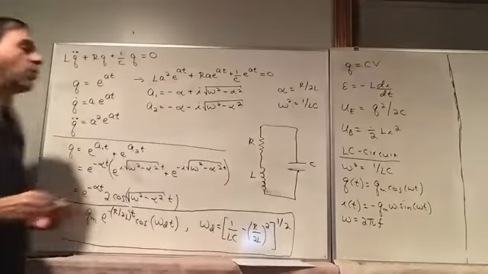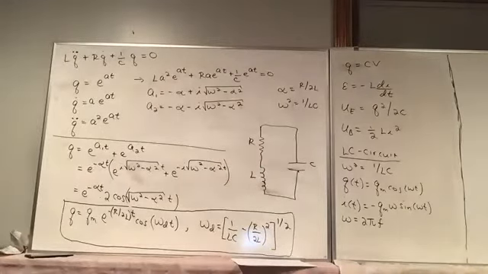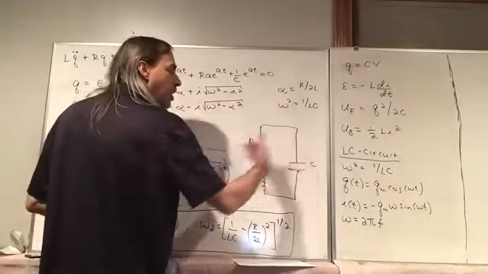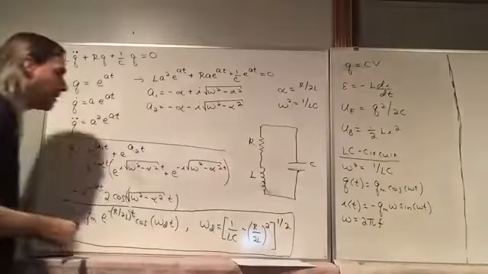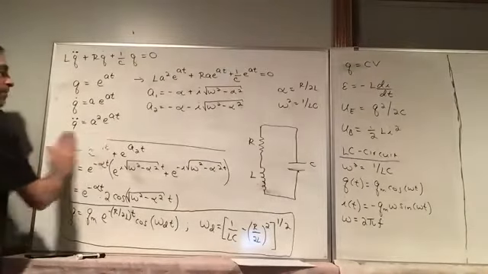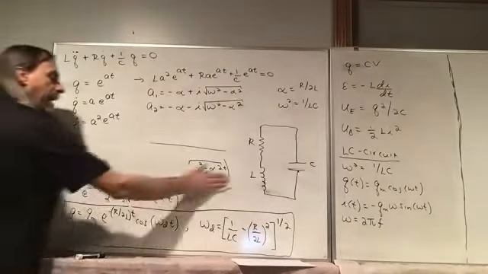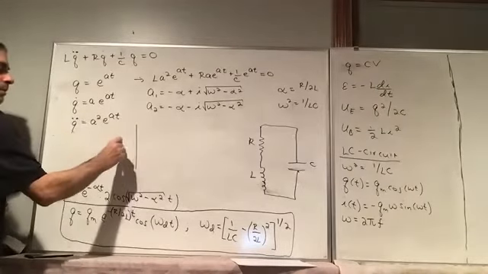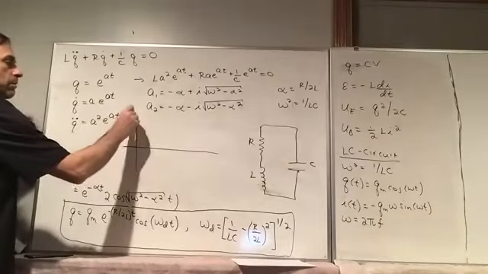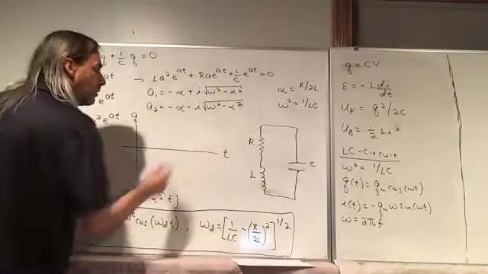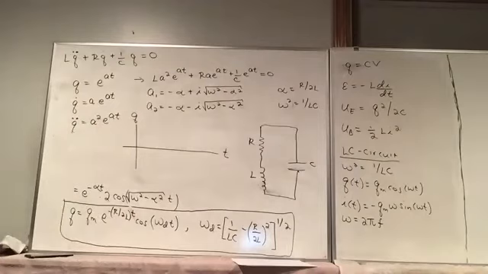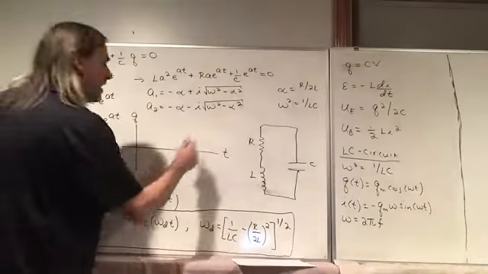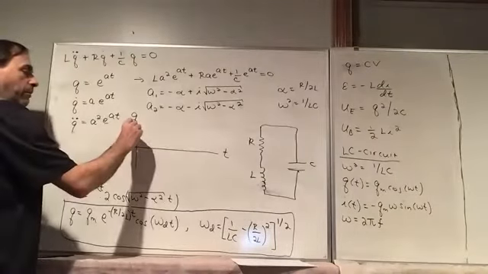But again, if there is no resistance, once we have this capacitor charged and let it go, the charge is just going to keep on flowing back and forth. And so if we want the charge as a function of time, it should look like a cosine curve. If there was no resistance, we would just get a cosine curve.